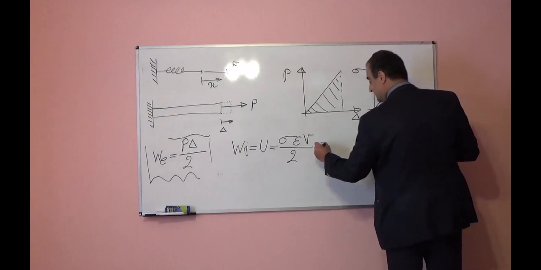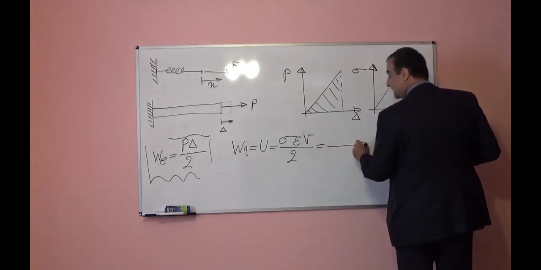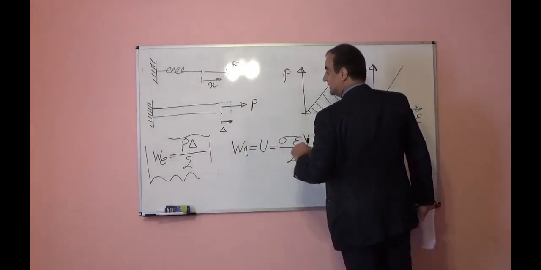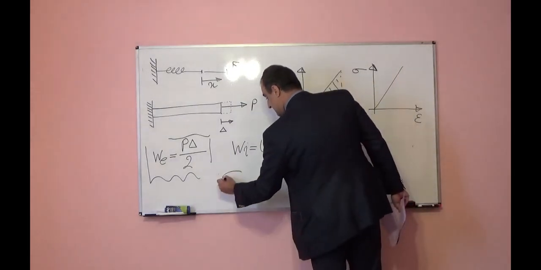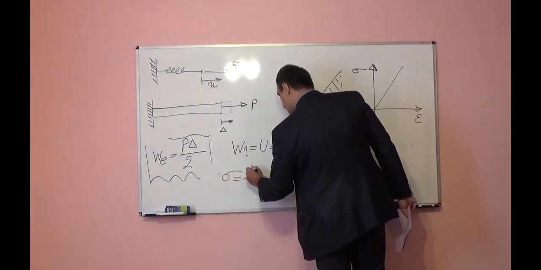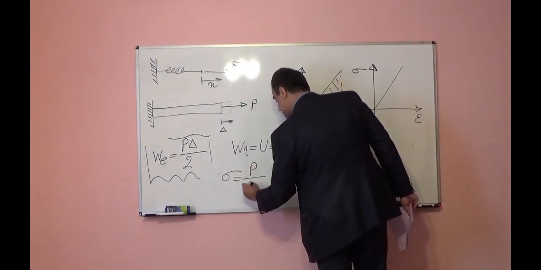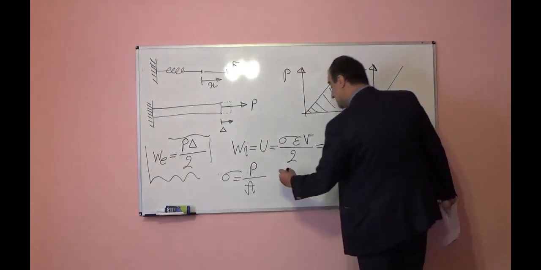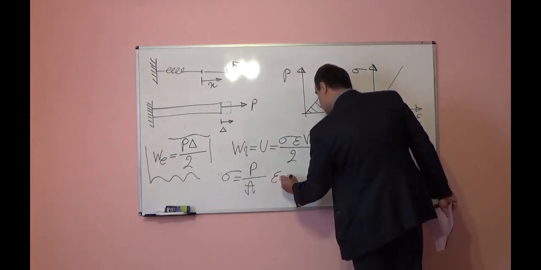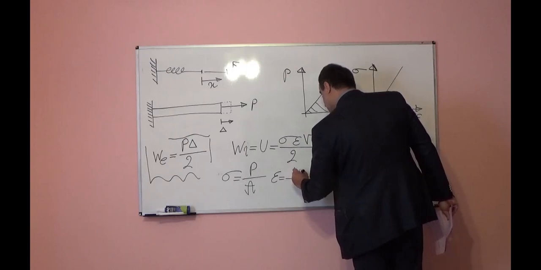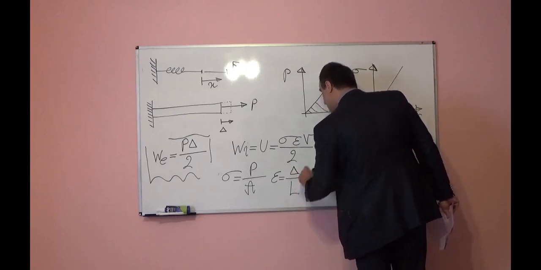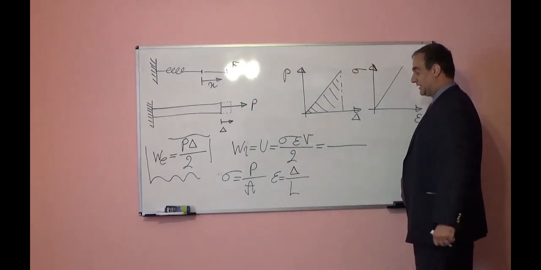So let's look at here. What is the stress in this member? Stress, we know, is equal to force divided by cross-sectional area. Strain, we know, is equal to elongation divided by initial length.